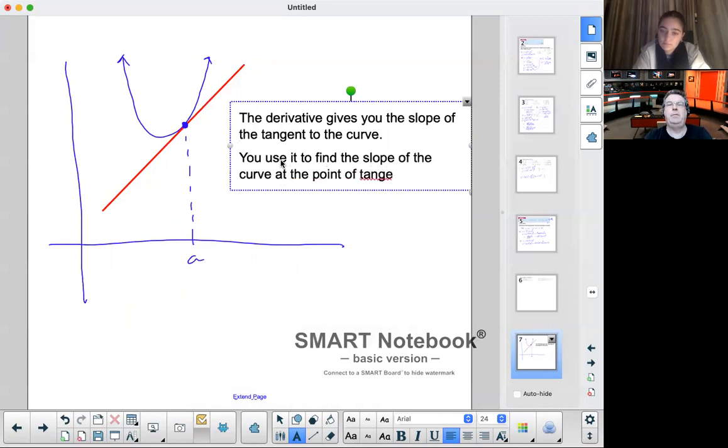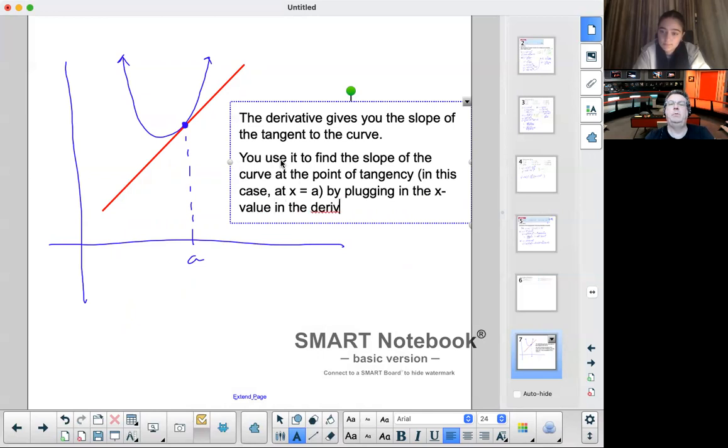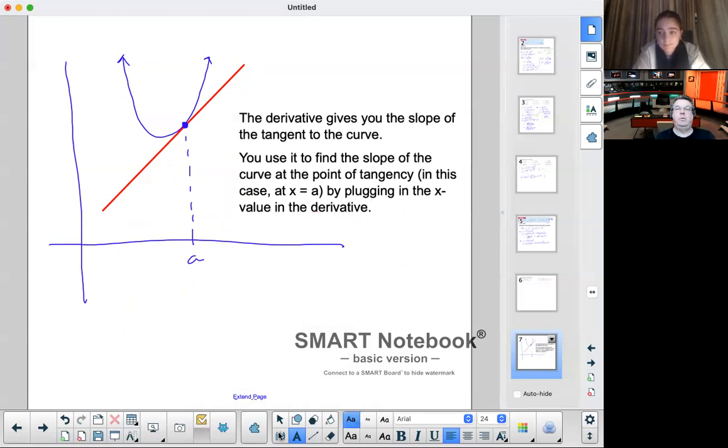In this case, at x equals a, by plugging the x value into the derivative. So this is just general.